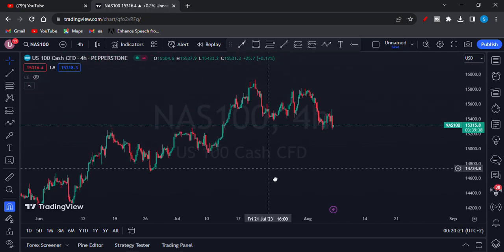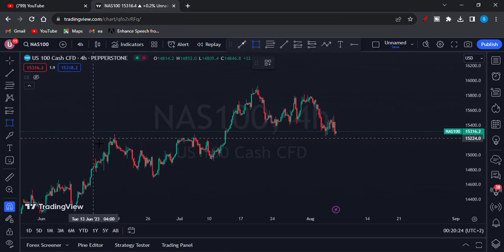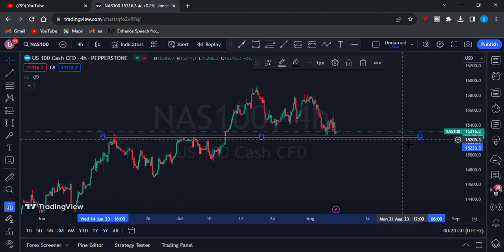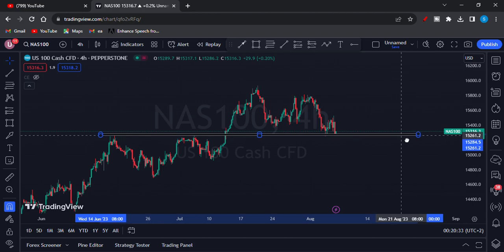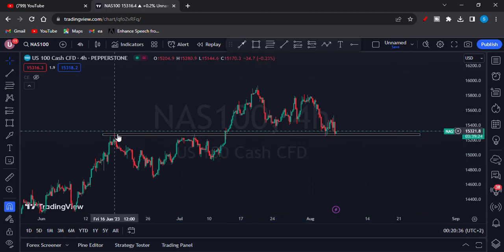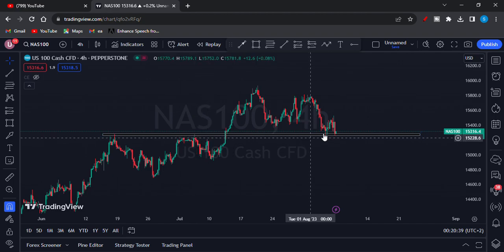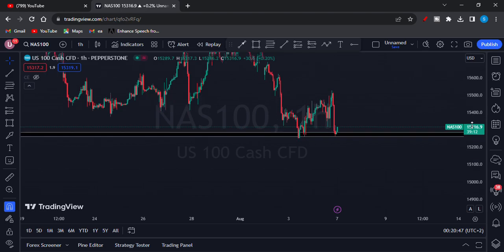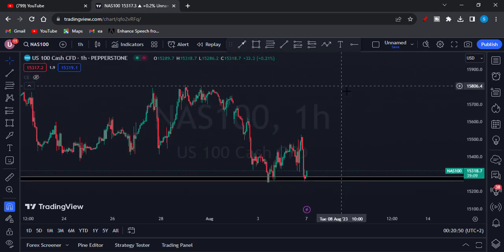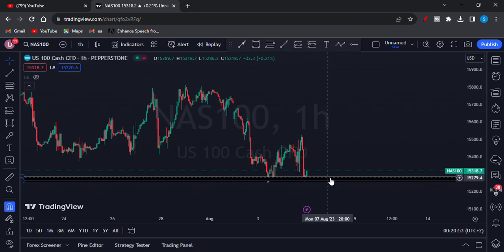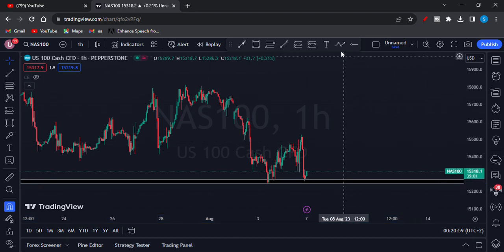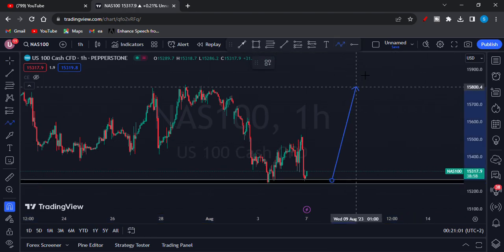So on a 4 hour, we have this zone right here. This one here being a resistance, so here being a support. So let's go to hourly. On an hourly, I'll expect the market to go all the way up.